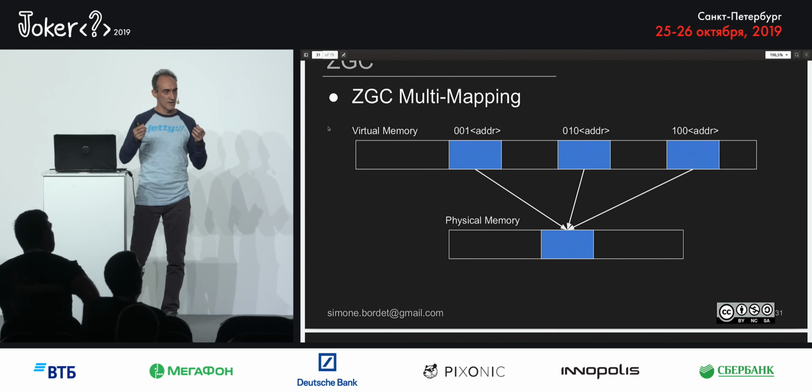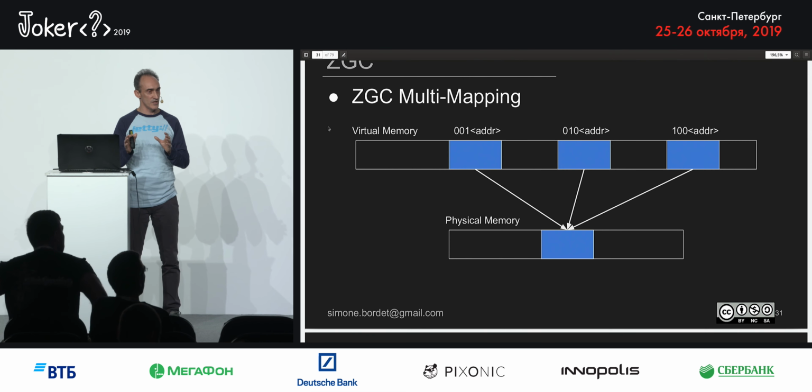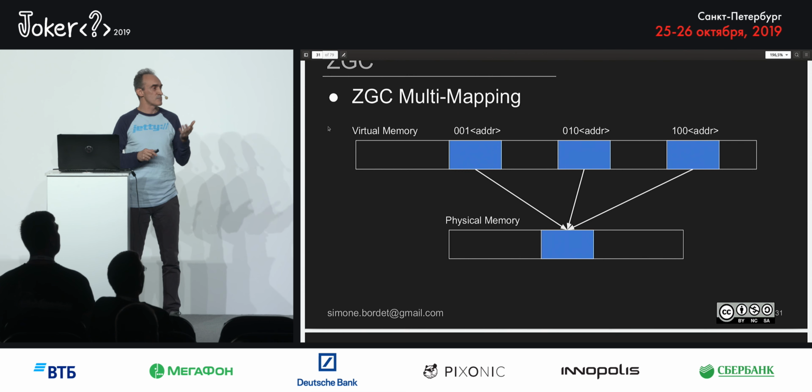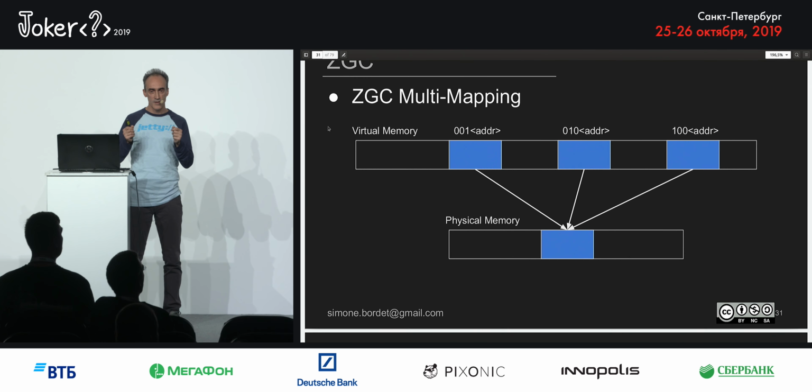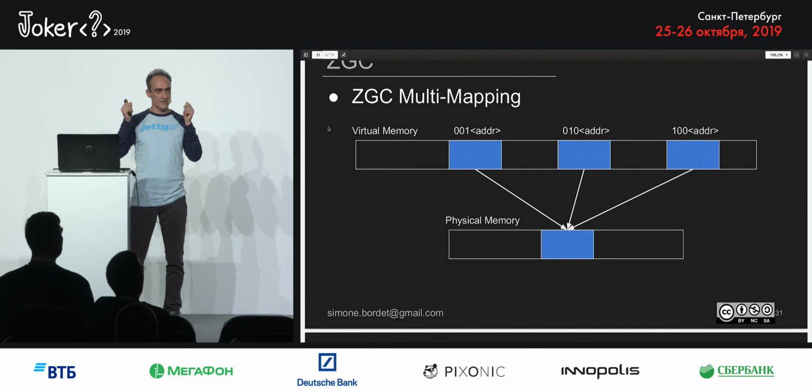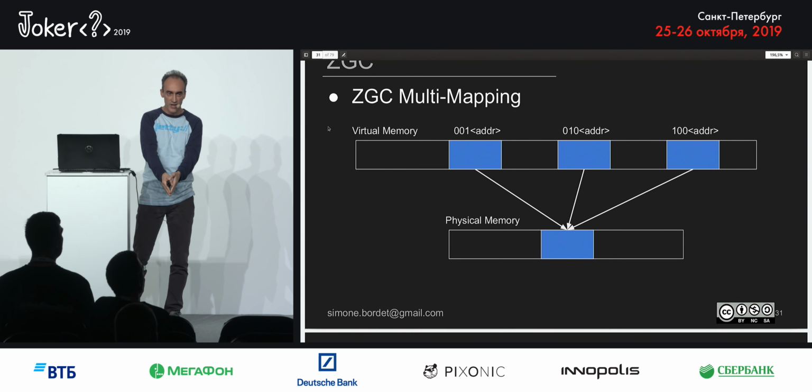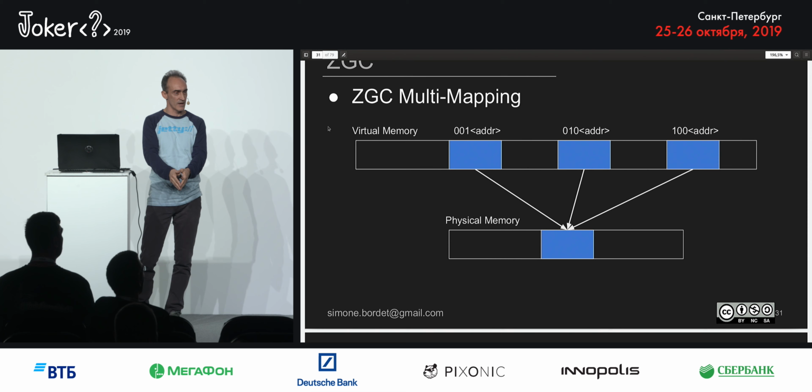It maps the same physical memory into 3 different virtual memory regions, so that basically the color bits become completely irrelevant at this point, right? I can use the same pointer, it will go through virtual memory, but eventually will point to the physical memory to actually get the value.